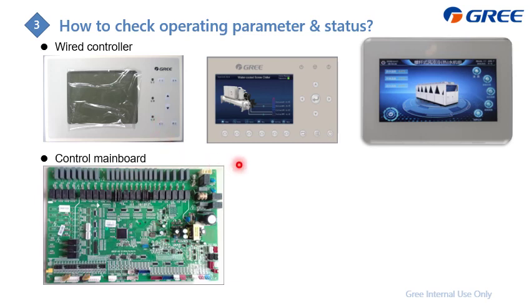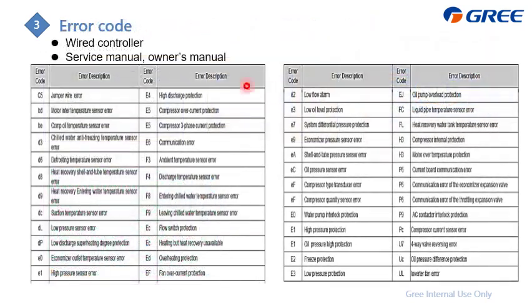You can also check the error code on the PCB, which is here. As for the meaning of the error code, you can rely on the Y controller, which will not only show you the error code but also show you what the error is. You can also rely on the service menu or the owner's menu, where we also listed the meaning of the error codes.